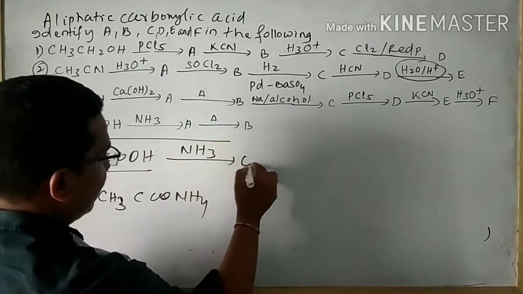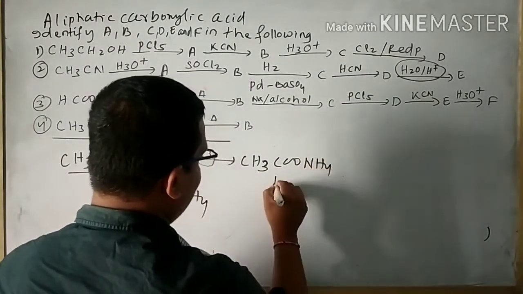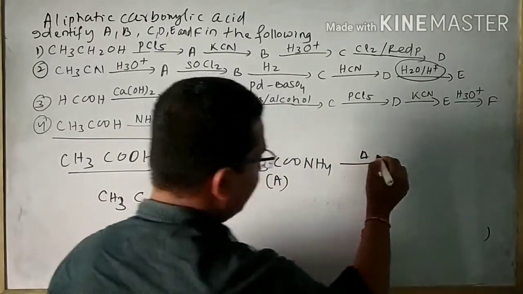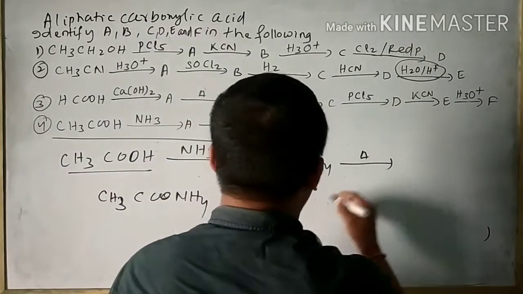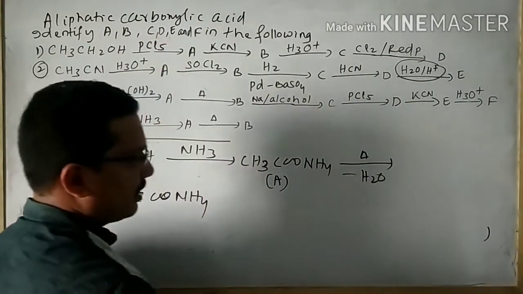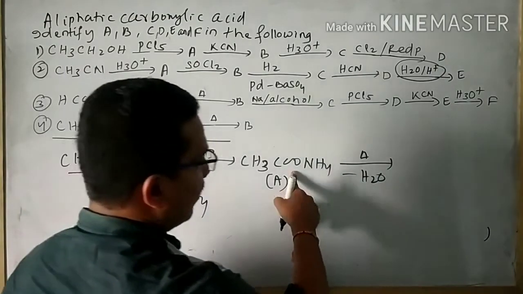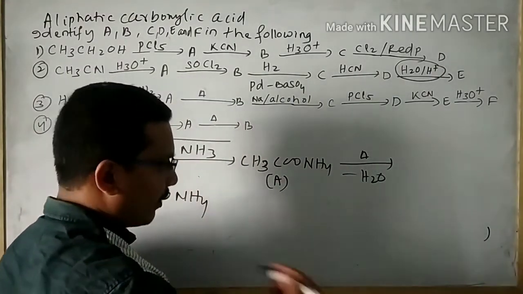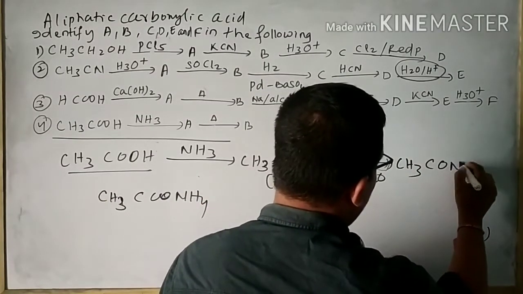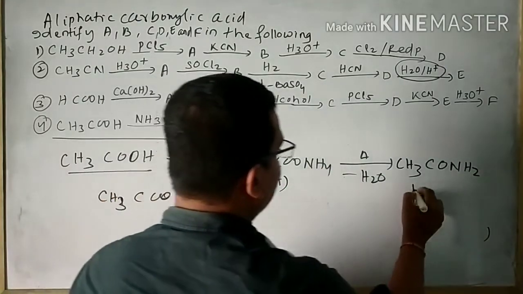So we can write ammonium acetate as product A. Now it is subjected to heating. When it is subjected to heating, there is a loss of water molecule. After loss of the water molecule, the product is CH3CONH2. That is said to be an amide, and it is the B product.